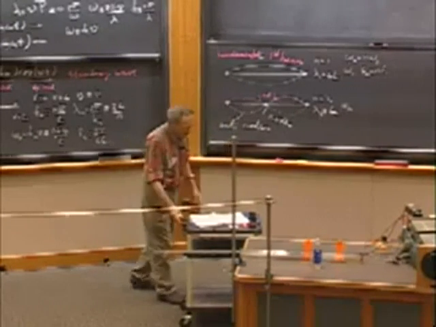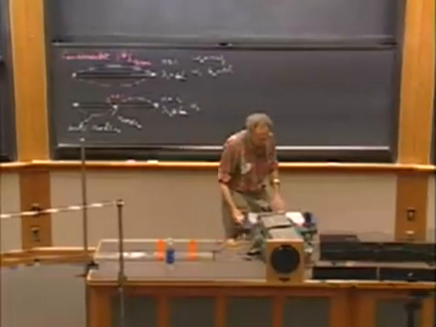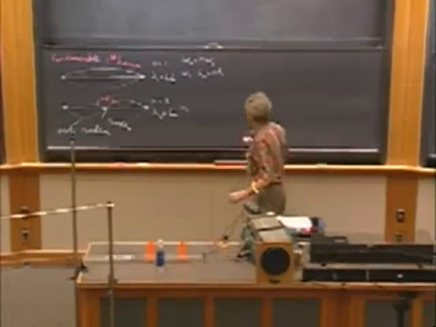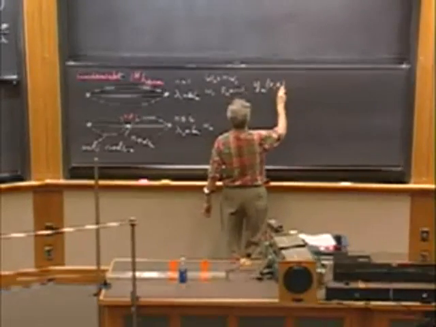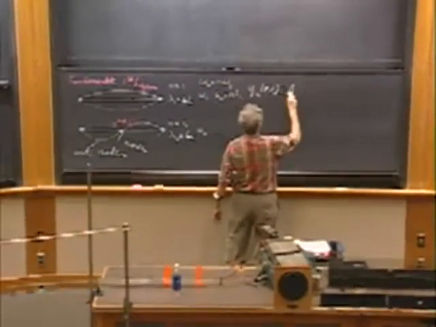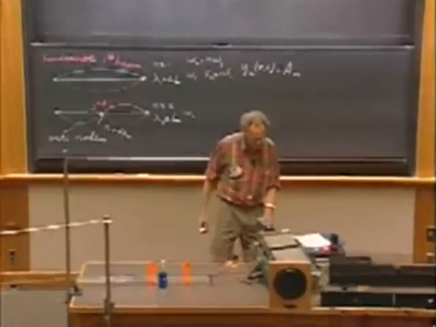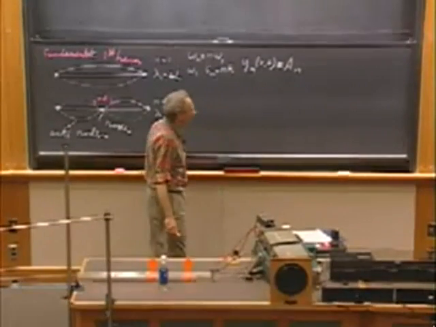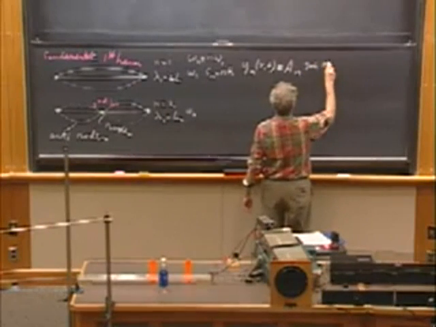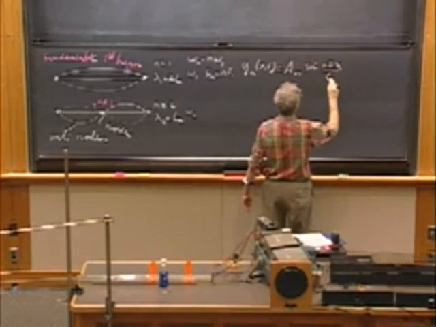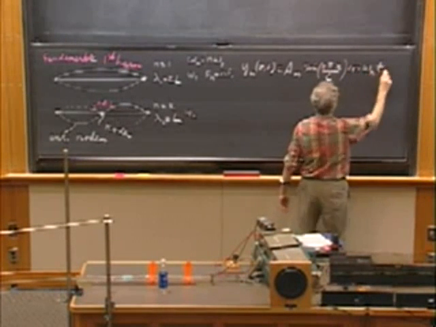So if you want to write down now the situation for your nth mode in its most general form, then you would get y as a function of x and t in the nth mode would have its own amplitude, a n, whatever that is. You can pick that for different values of n. And then you have here the sine of n pi x divided by L. And here you have the cosine of omega n t.